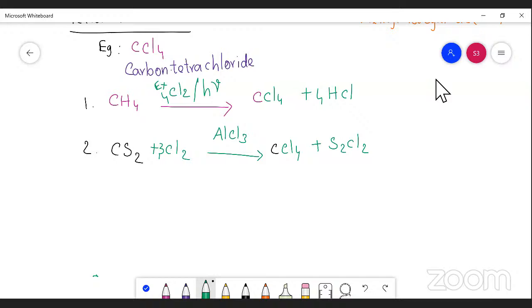So these two are the methods of preparing carbon tetrachloride.